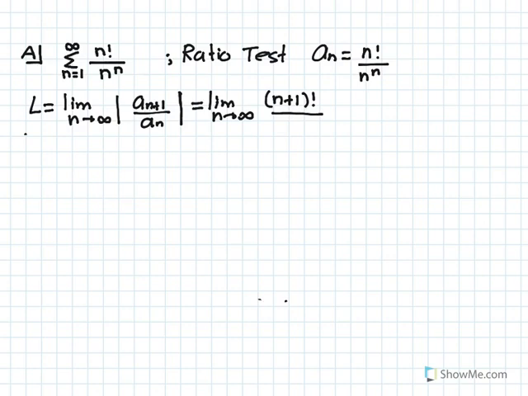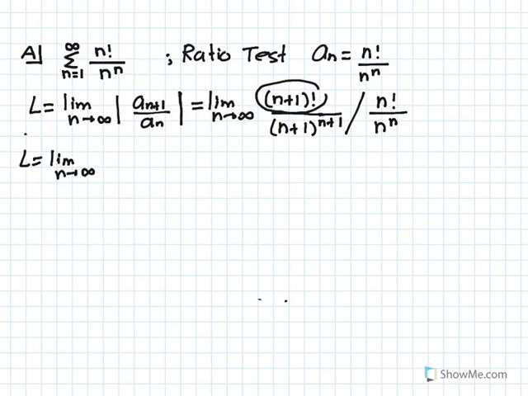factorial divided by n plus 1 to the power of n plus 1, divided by n factorial divided by n to the power of n. Now let's simplify this in such a way that we get easy cancellations. Limit as n approaches infinity, we can rewrite n plus 1 factorial in the numerator as n plus 1 times n factorial.